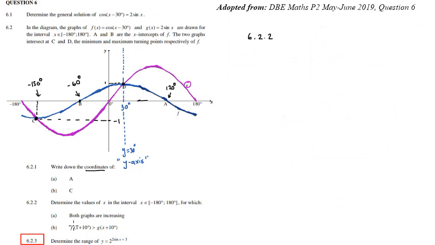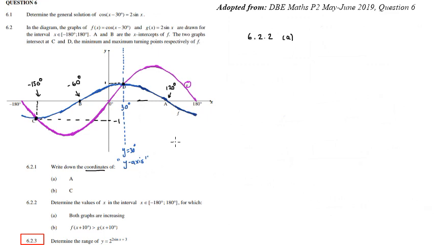It now says determine the values of x in the interval minus 180 degrees to 180 degrees for which both graphs are increasing. So we are looking for where both of the graphs are increasing in y values as we increase in the x values.